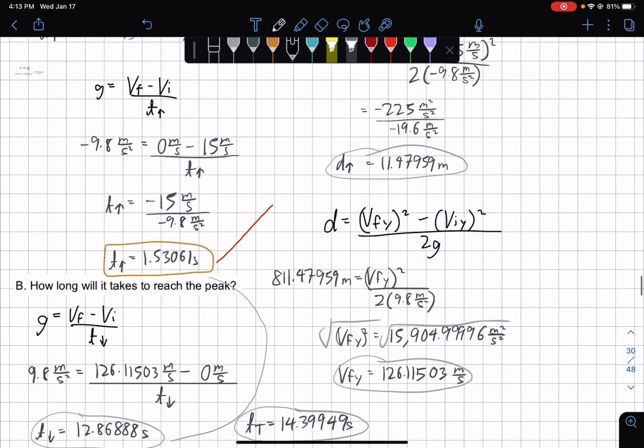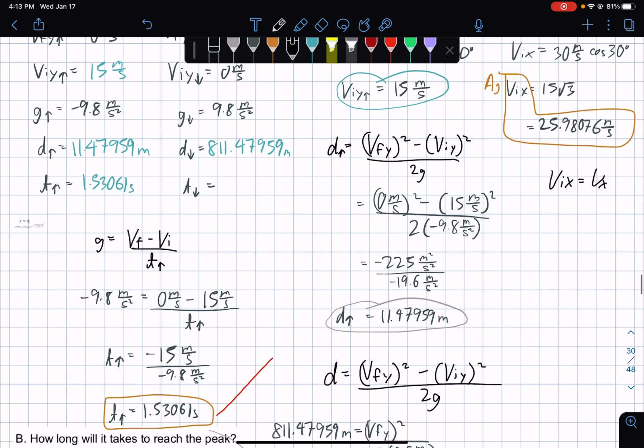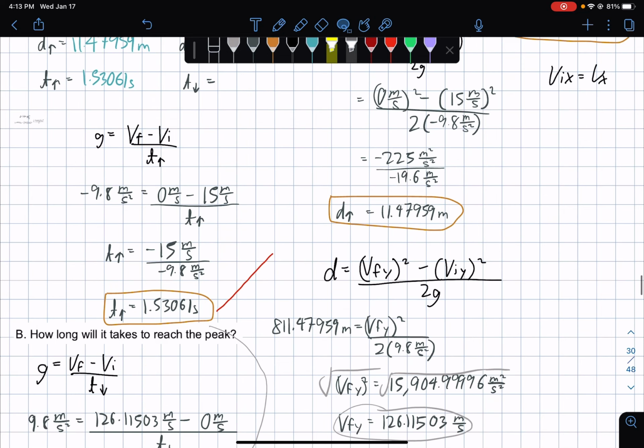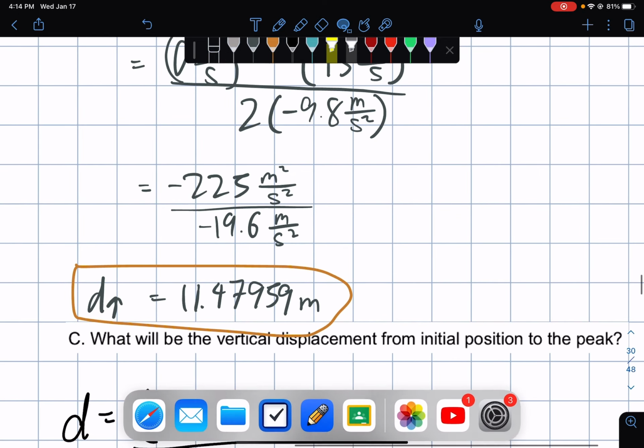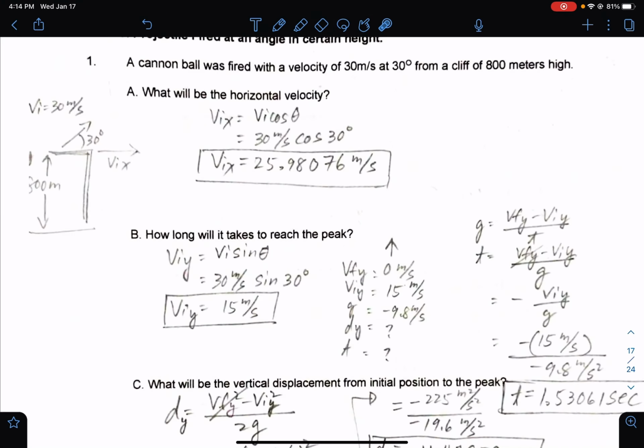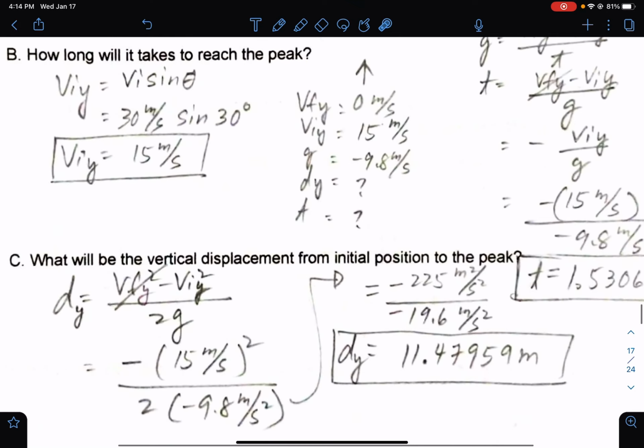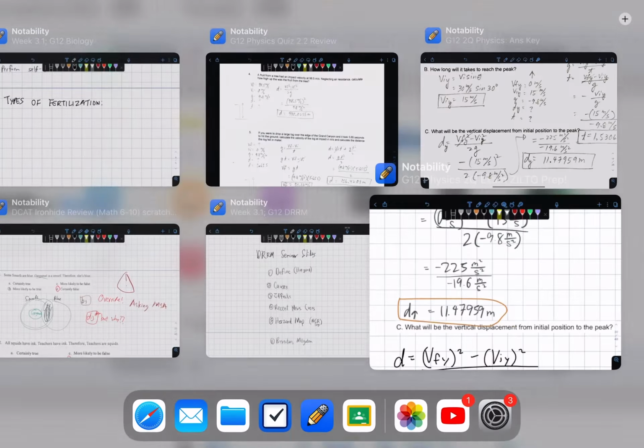And that is d going up. It's this one. Let's see if we got it correct. So C is 11.47959. Yes, that is correct.